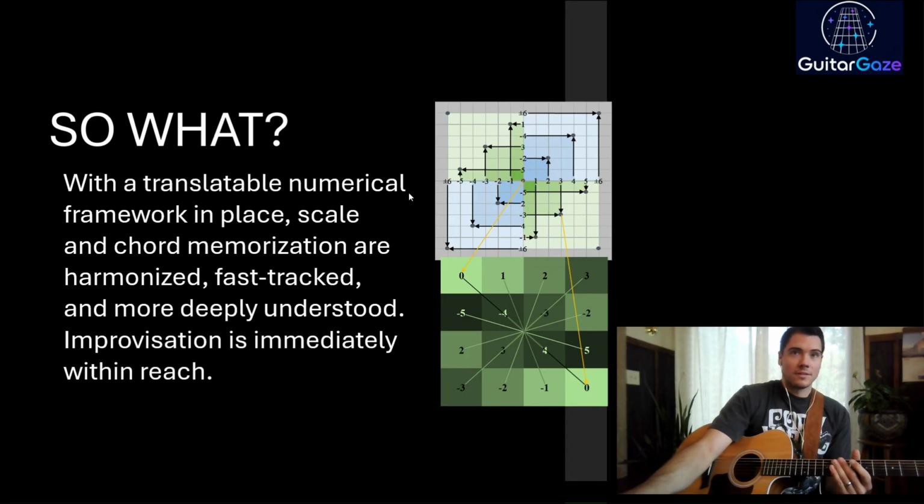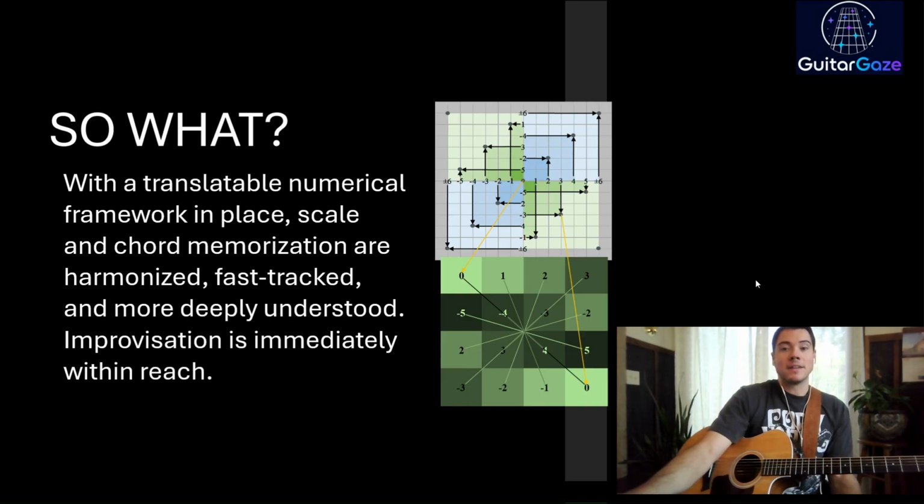So what does this look like applied to the guitar? Well, this is a translatable numerical framework that you can work on and build and get in place as your foundation that will fast track everything, and it will deepen your understanding of interval relationships in scales, chords, and improvisation.